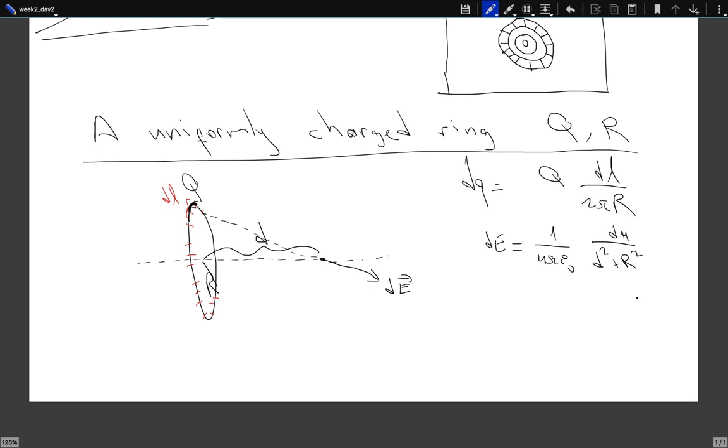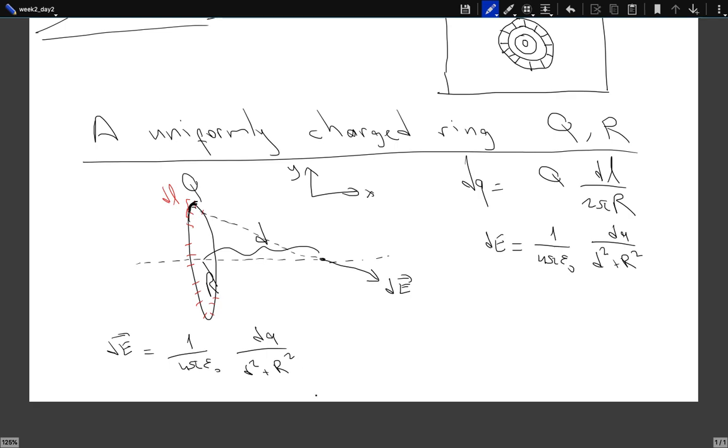Now again, to write it in a vectorial form, we have to take the horizontal, the x component, and the y component. We have to deal with them separately. So the electric field created will be 1 over 4 pi epsilon 0 dq over d squared plus r squared. This is the total magnitude.